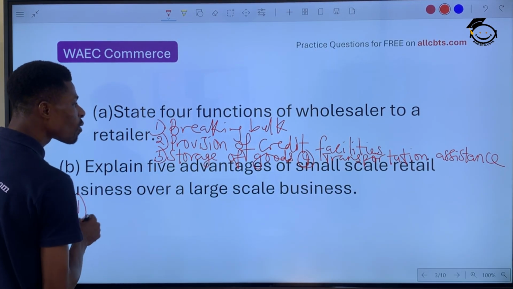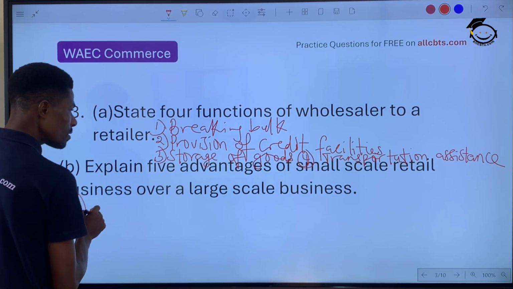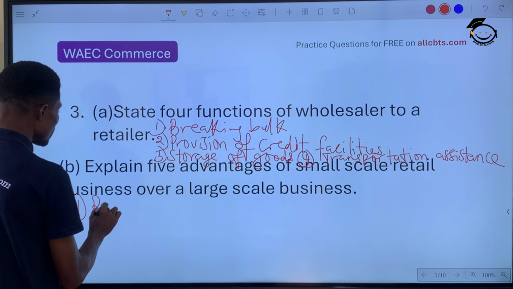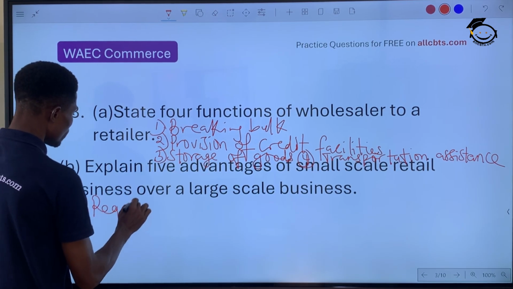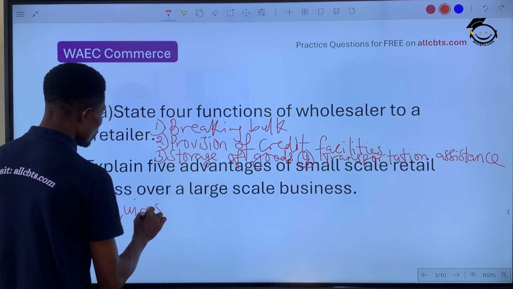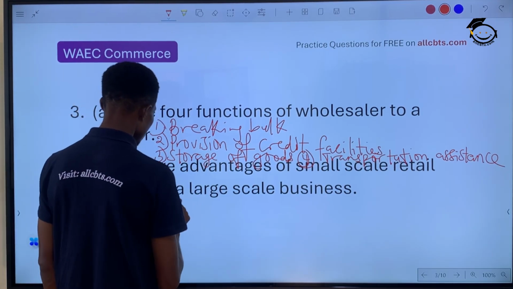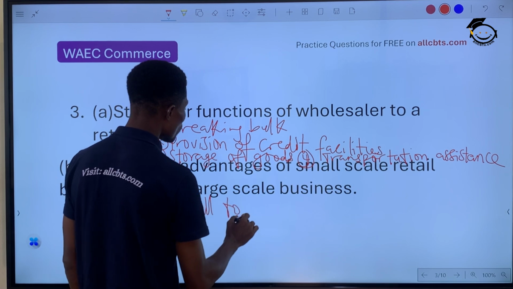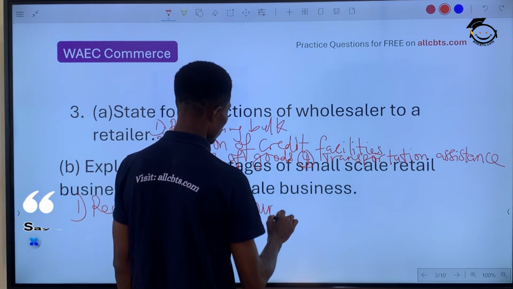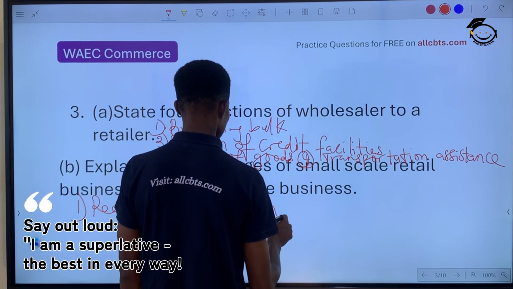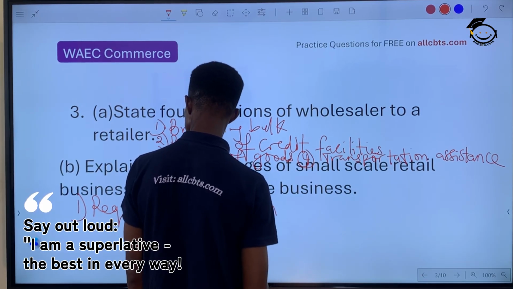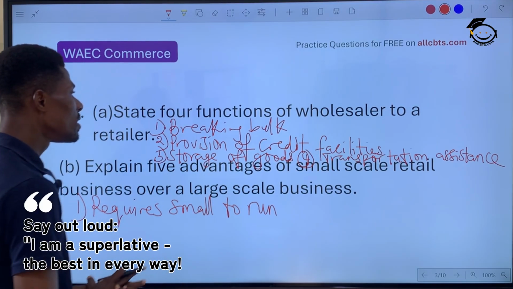We have number 1. The first one is this: it requires small capital to start.